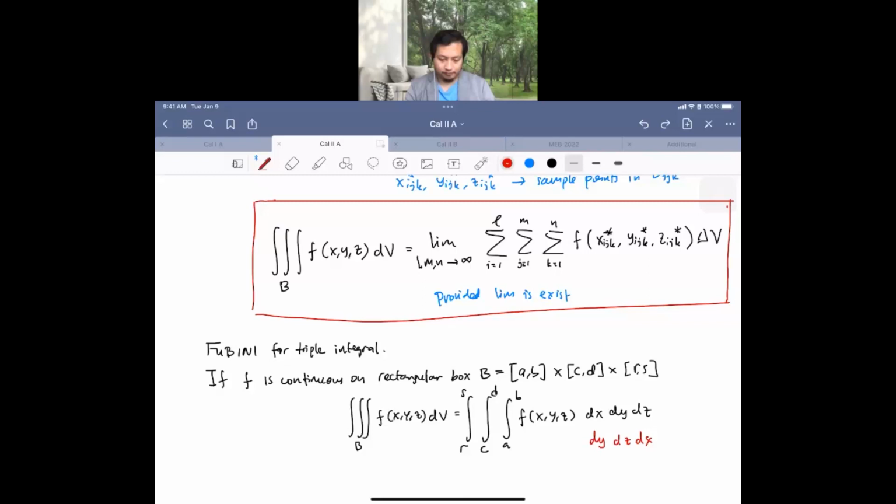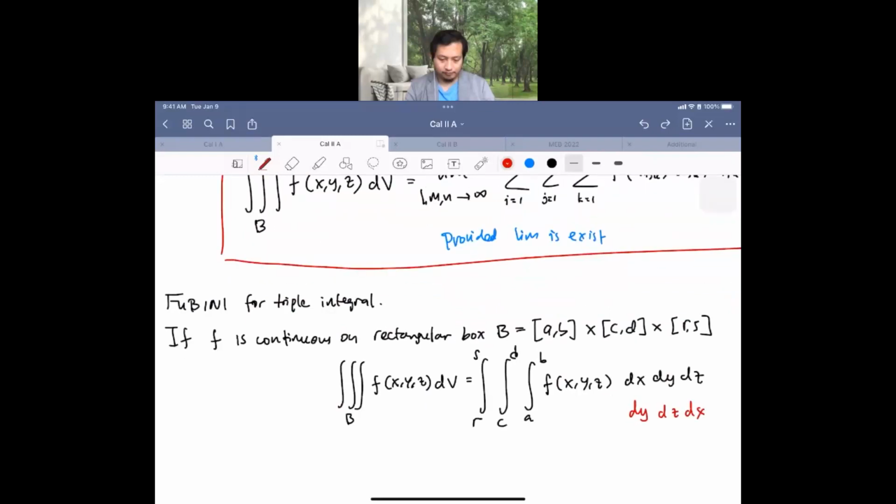Okay, I don't think this should have complex situations, because I believe since a, b, c, d, and r, s are all constant, it should not be a problem which integration you do first.